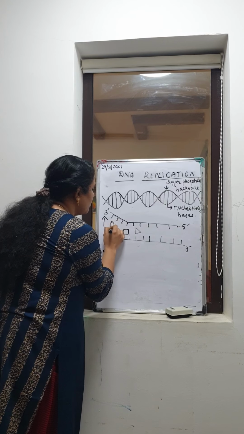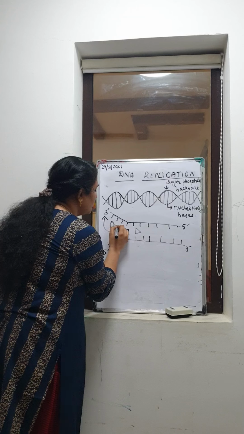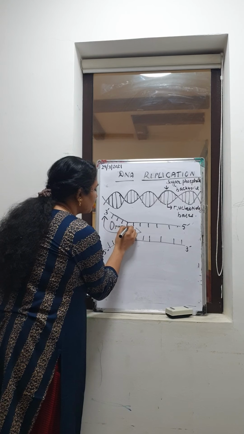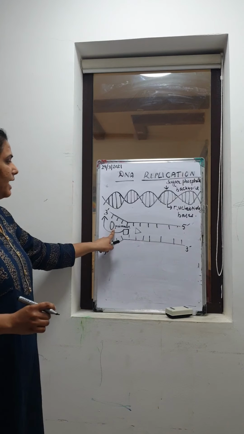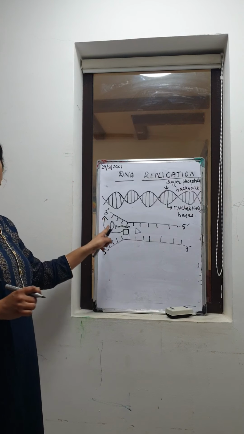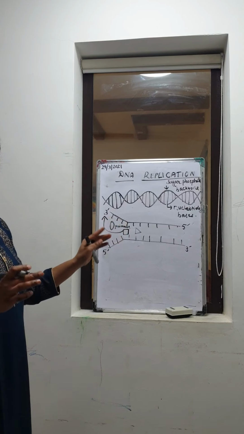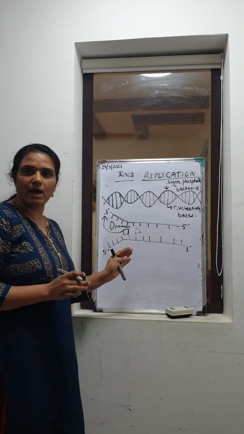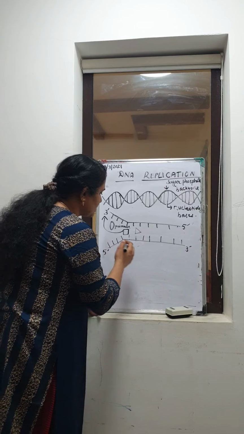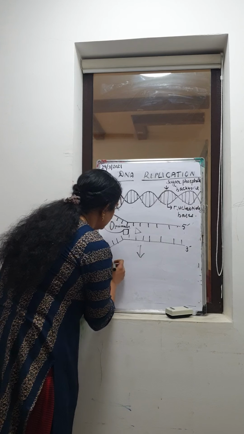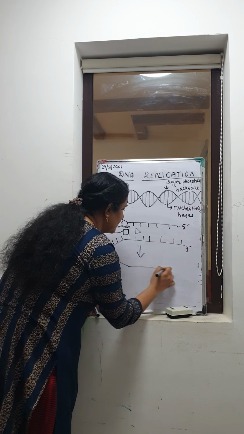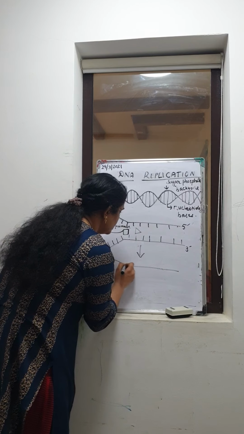So this is the primase enzyme, and we can give the symbol like this. The primase enzyme will produce the RNA primer, which will guide the DNA polymerase to add the nucleotide in the DNA strand.